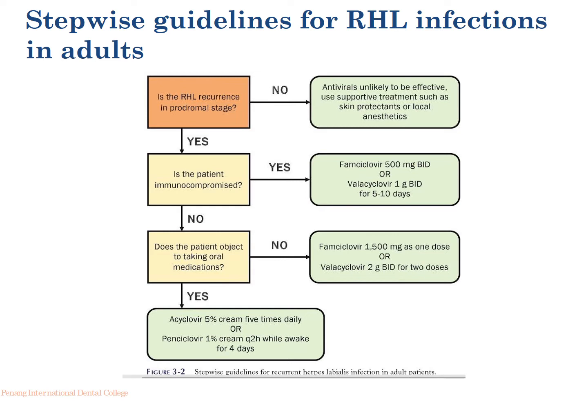If yes, then acyclovir cream 5 times daily, or penciclovir cream, which can be applied every 2 hours while awake for 4 days. So this is just a guideline to follow, and it can vary depending on the immune compromised status of the patient.